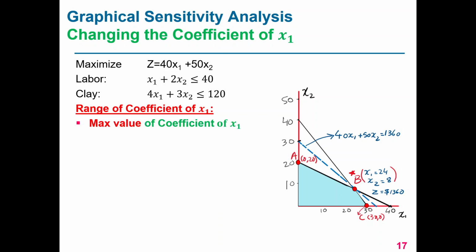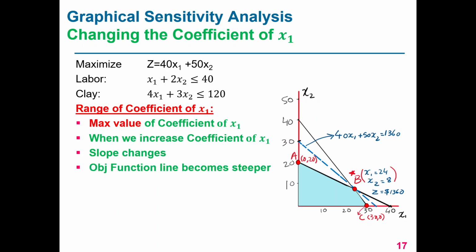So we want to find the maximum value the coefficient of x1 can take while the optimal solution B still remains optimal. And we have discussed in the earlier slides that whenever we increase the coefficient of x1, the line would become steeper, and that means the slope would change.